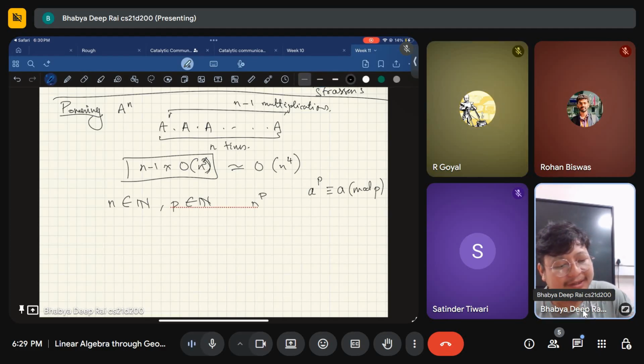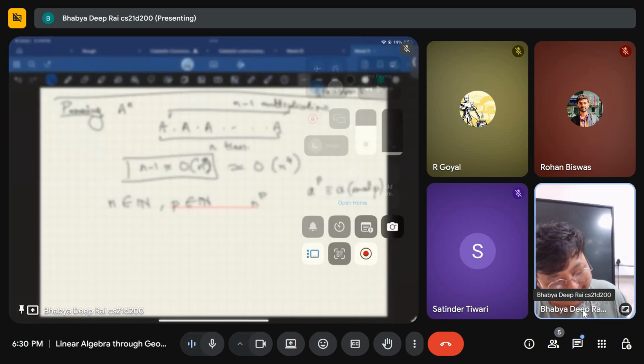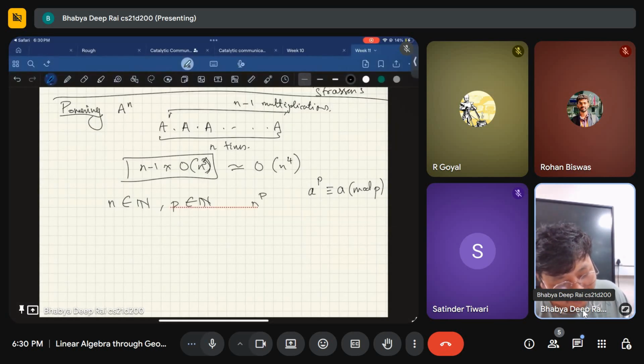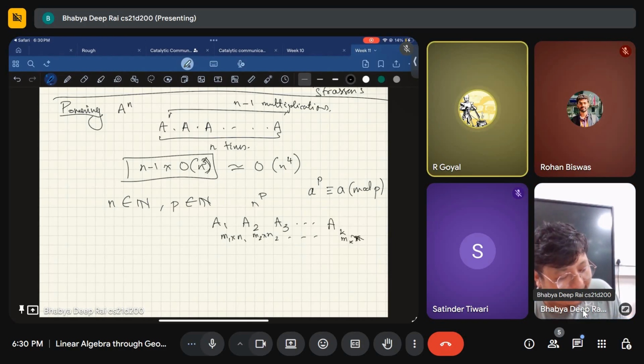Yes, but in that case, the question is: if you have matrices A1, A2, A3, and so on to AK, and each of these has dimension M1 cross N1, M2 cross N2, and so on, MK cross NK, what is the bracketing required?